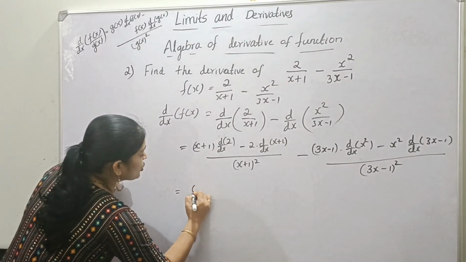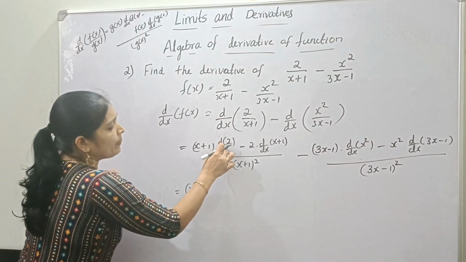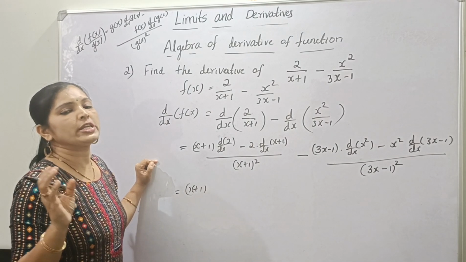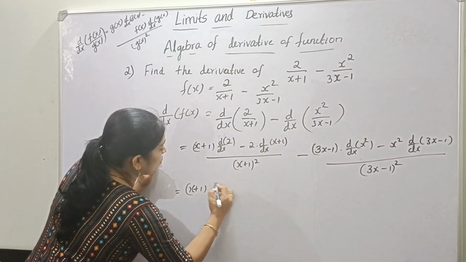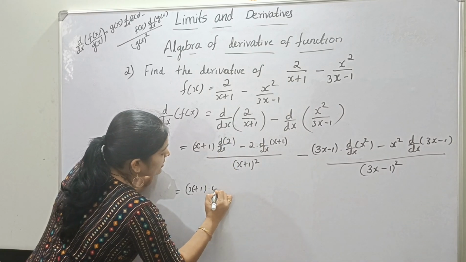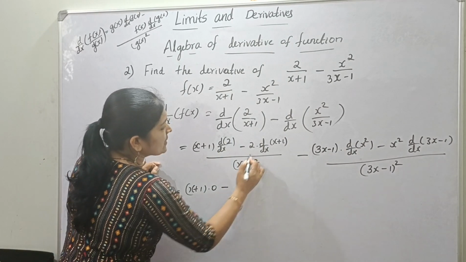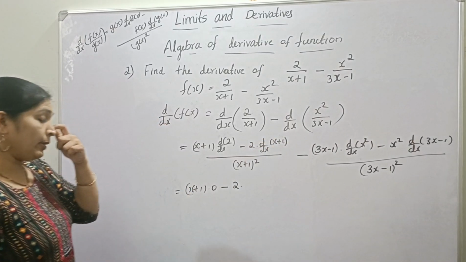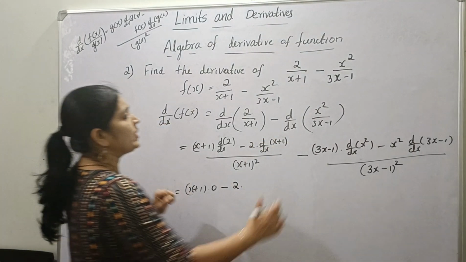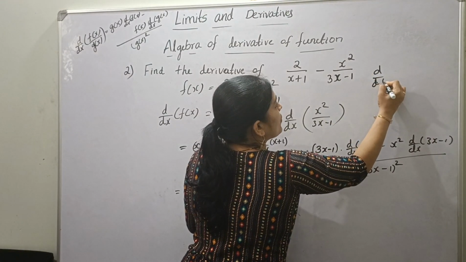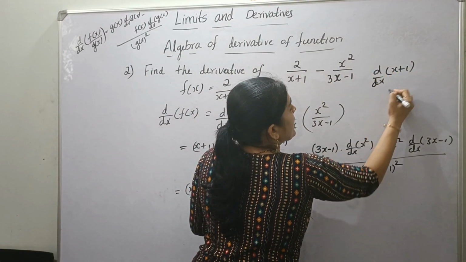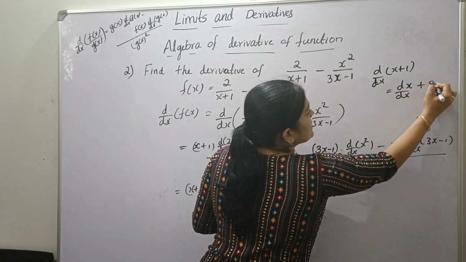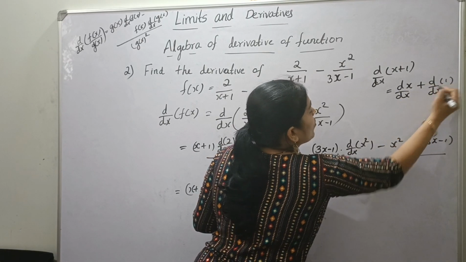x plus 1 into d by dx of constant, derivative of a constant function is 0 itself, okay. So d by dx of 2 is 0 minus 2 into derivative of x plus 1. See, d by dx of x plus 1 is nothing but d by dx of x plus d by dx of 1, okay.